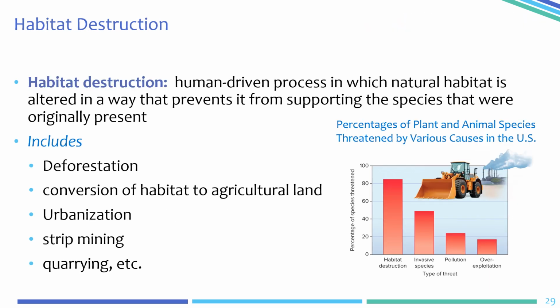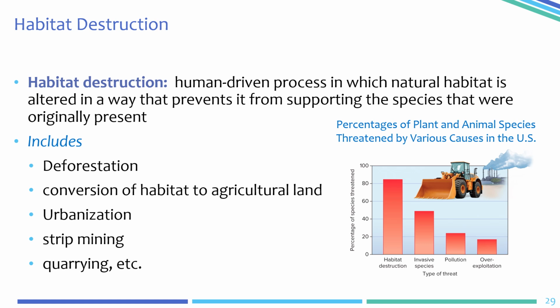Another huge threat to biodiversity is habitat destruction. This can happen anywhere, although we tend to think about it in terms of tropical rainforest. This is where it's a really big deal, but it can happen in any place where natural habitat is cleared, and it happens for a variety of reasons.